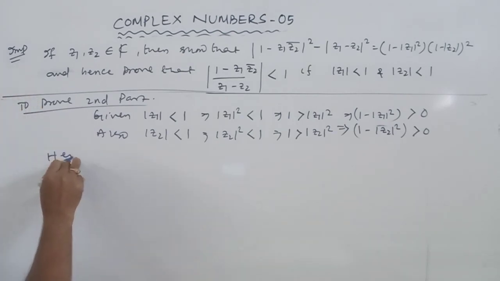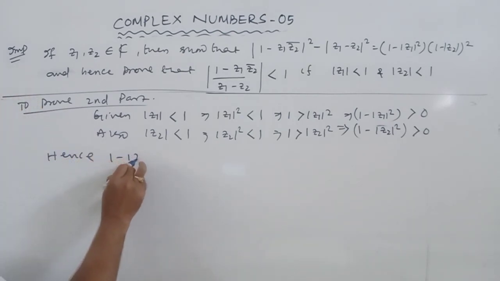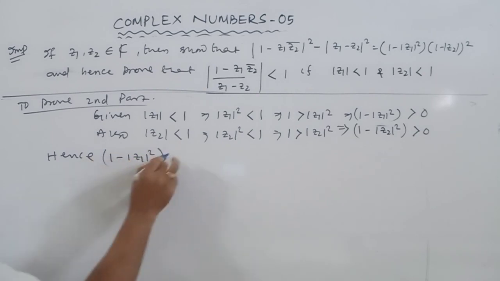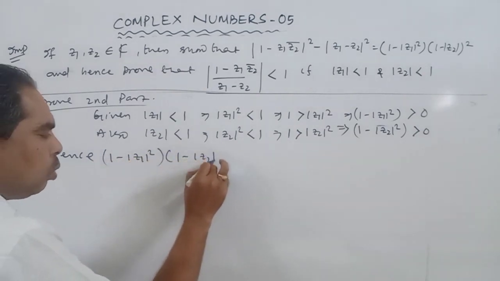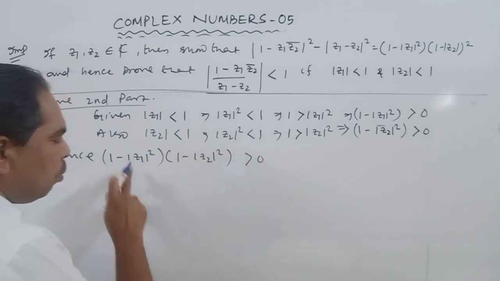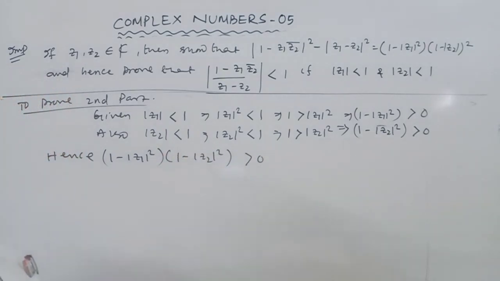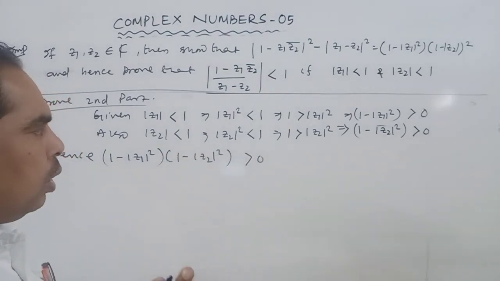Hence 1 minus mod z1 square into 1 minus mod z2 square is greater than 0, because both are positive. So positive into positive is positive. Okay.